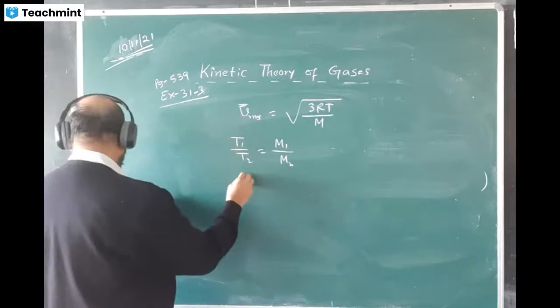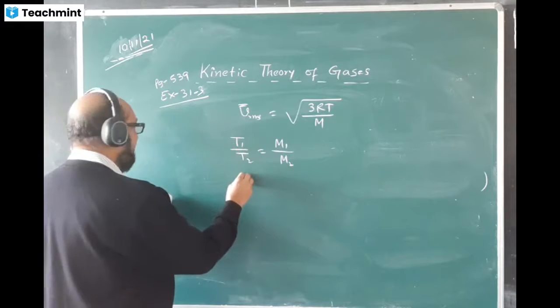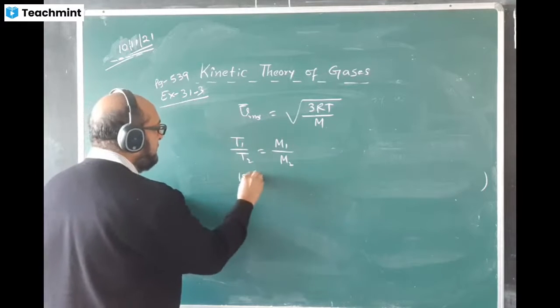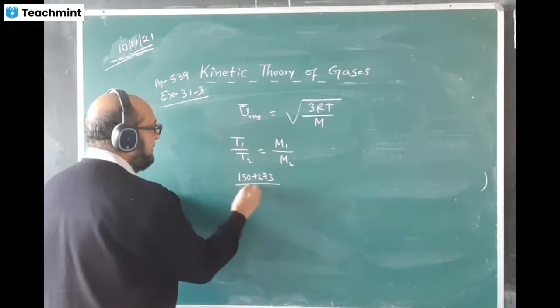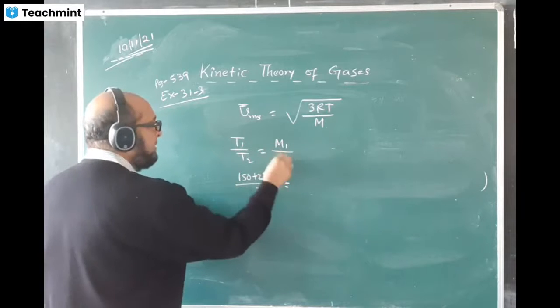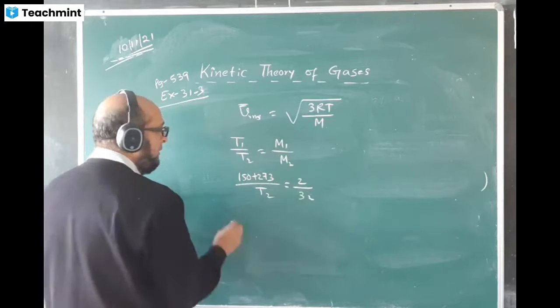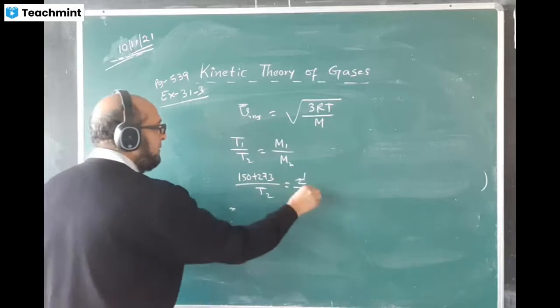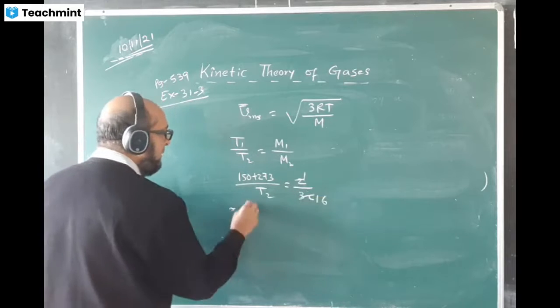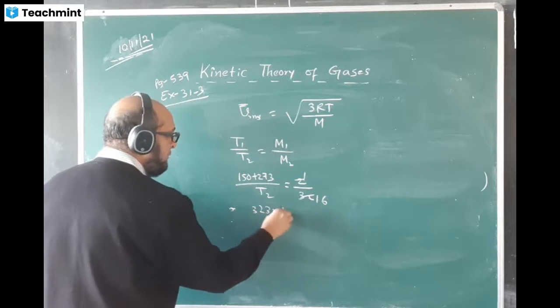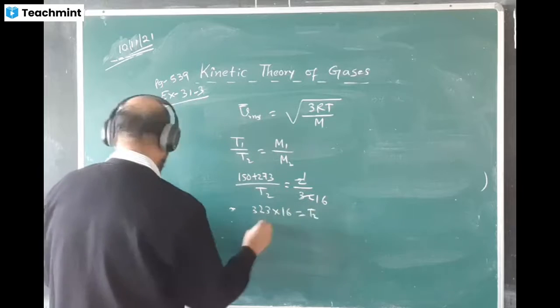T1, temperature of the hydrogen, is given 150 degrees Celsius. That means T1 value will come 150 plus 273, absolute temperature. T2 we have to find. Mass of hydrogen is given 2 units and this is 32. Now your answer will come 423 into 16 is the value of T2.